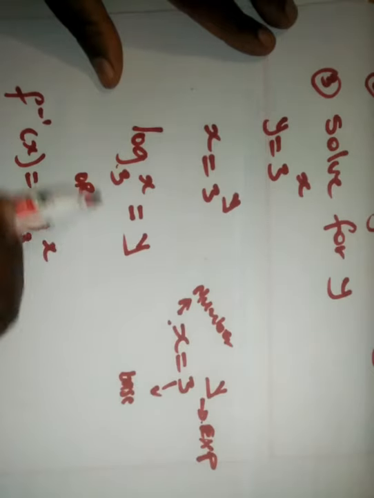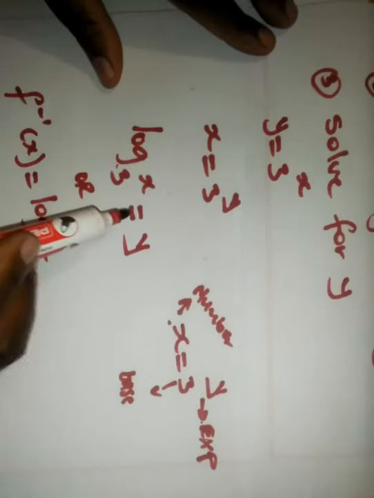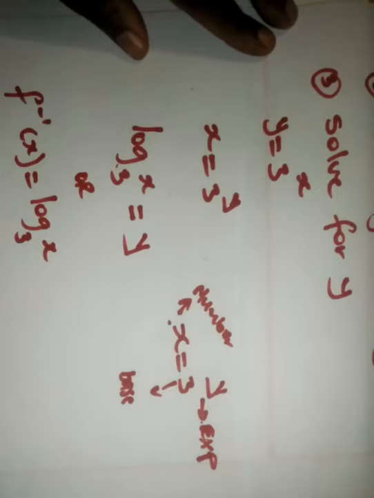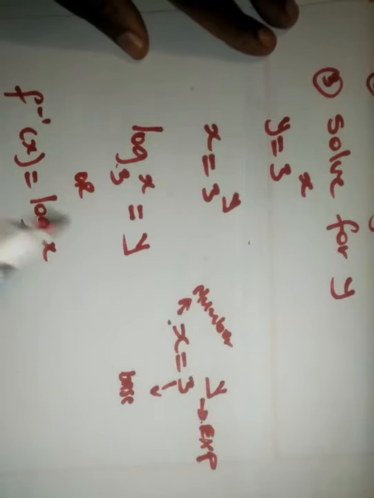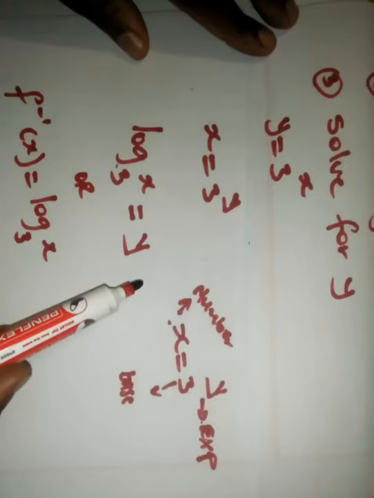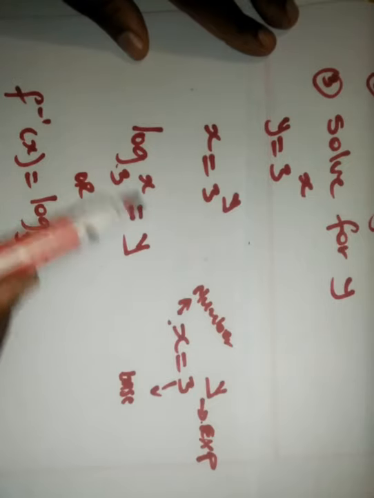You can leave your inverse like this, or you can leave your inverse like that, depending on the question, because most questions say leave your answer in the form of y is equal to. So this would be the form of y is equal to.